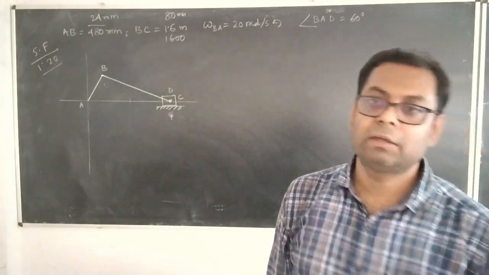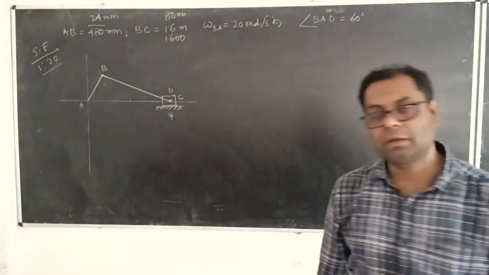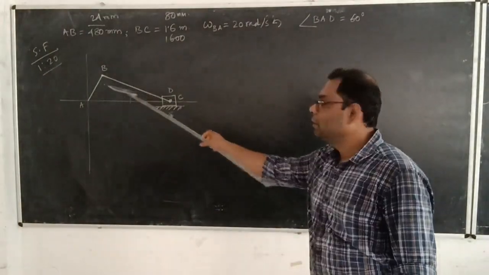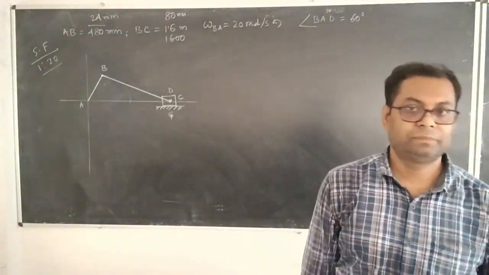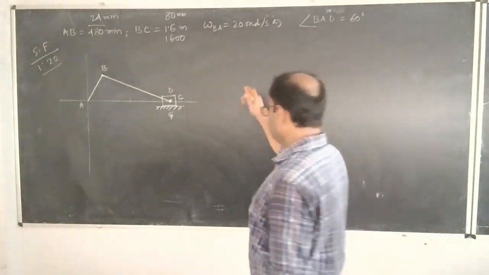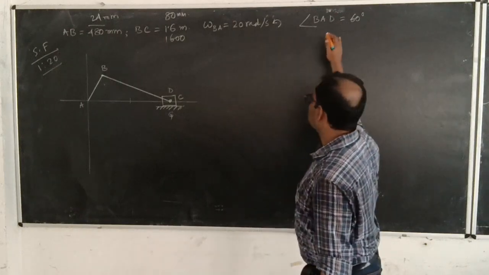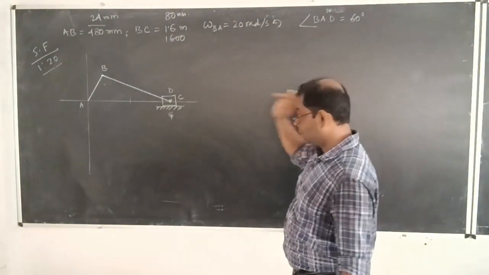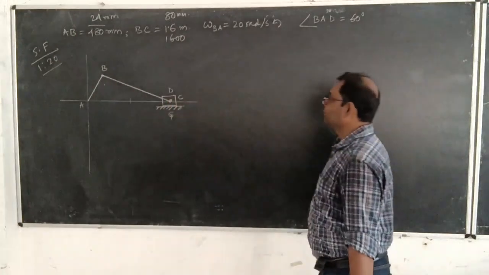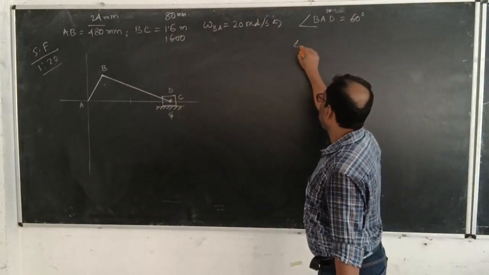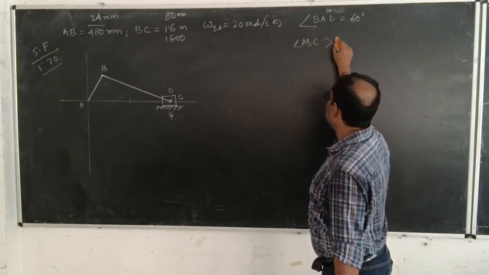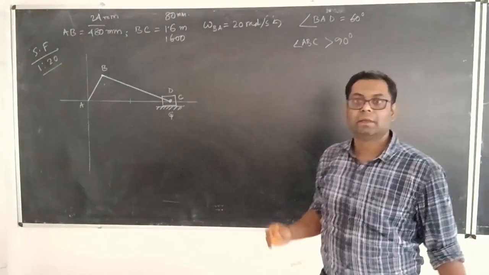D is the slider block, the nomenclature is slider block, something like that, and C is the end C for the connecting rod over here. So everything is very simple, and from the diagram you already know that angle BAC or BAD, the angle ABC or angle ABD, angle ABC is greater than 90 degree.